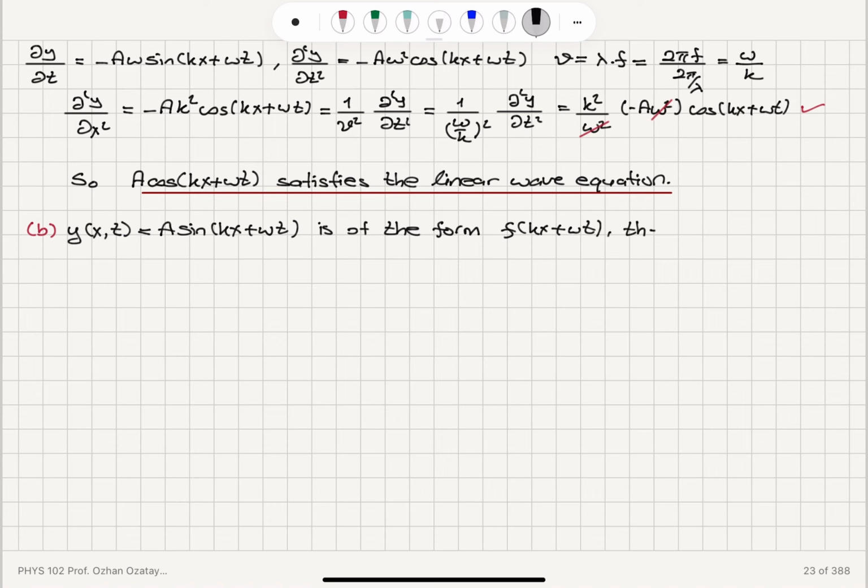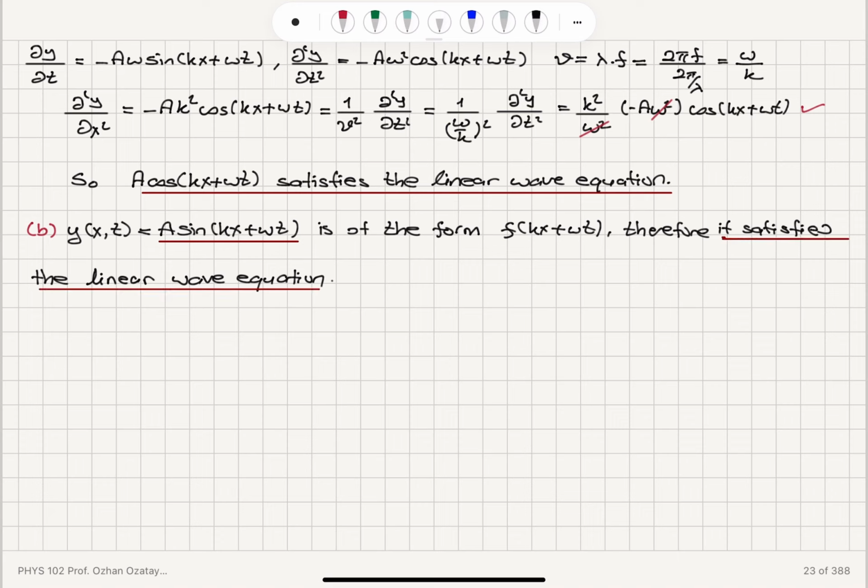Therefore, it satisfies the linear wave equation. So the difference between sin(kx + ωt) and cos(kx + ωt) is just a phase difference. It's basically the same thing, so it satisfies the linear wave equation.